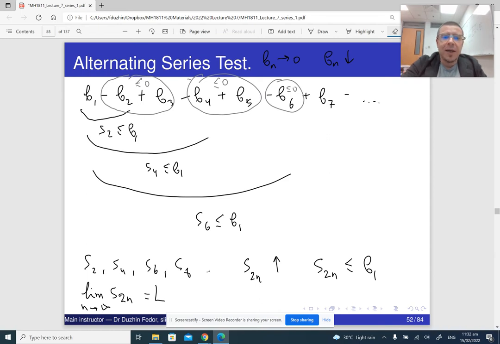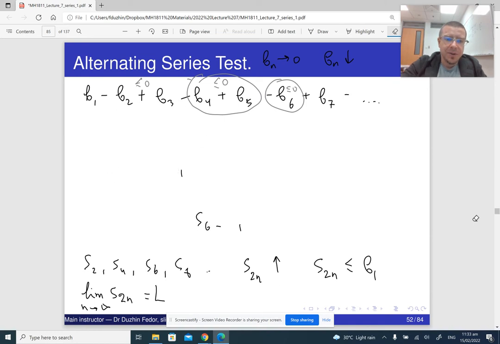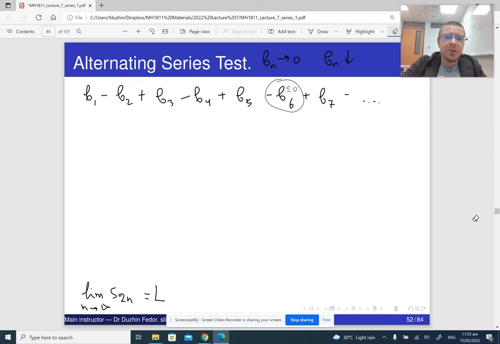So now let us look at odd partial sums. So this was about even partial sums. How about odd partial sums? Actually, by a very similar logic, these are our odd partial sums. So B1 is just S1. This is S3.